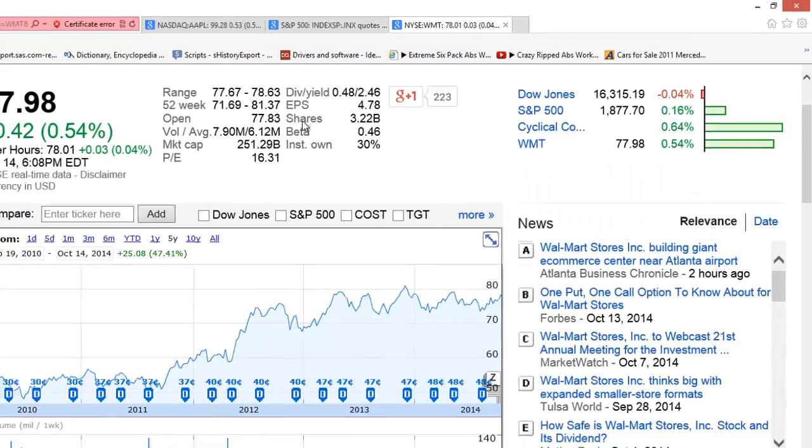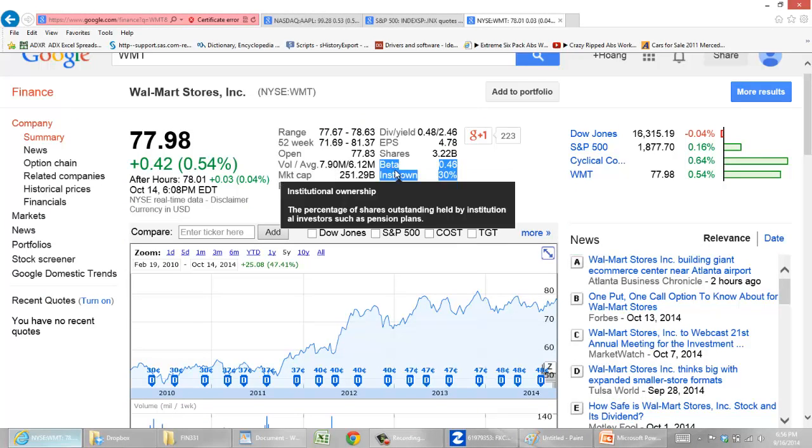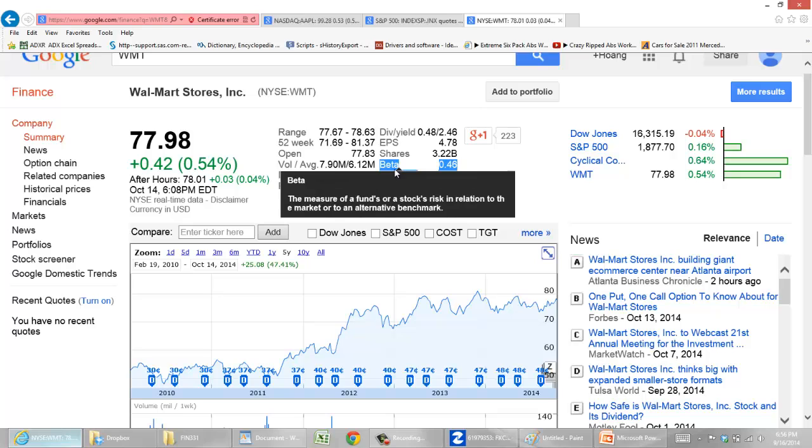If you check for Walmart, you see quite a few financial indices or indicators reported. Here's beta. Beta is a measure of systematic risk. It is how closely it moves with the market, or how much it is influenced by the market.